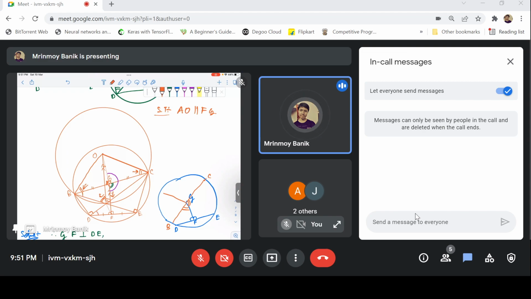This angle is this angle, and this angle is this angle. And these two angles, the same as these two angles, add up to.